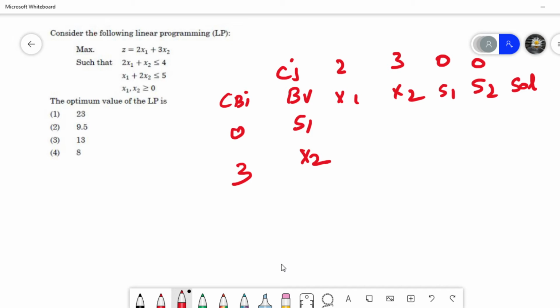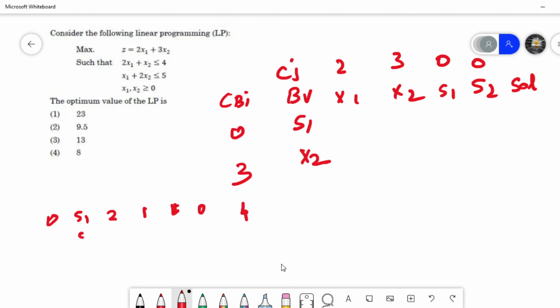So now we are going to find the new values. Here I am writing the previous table for our reference. Okay. So 0 is 1, 2, 1, 1, 0, 4.